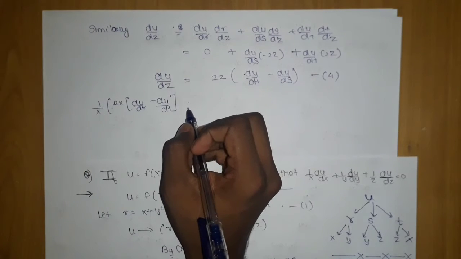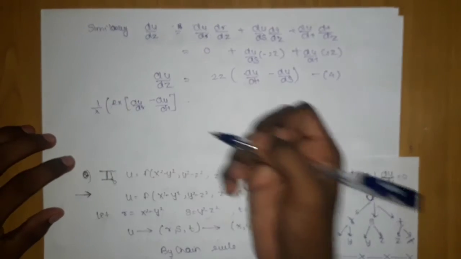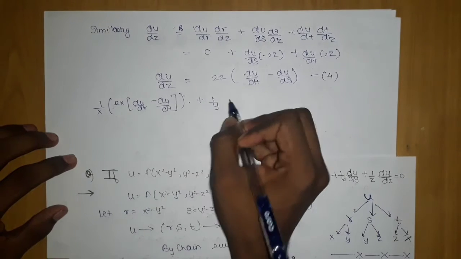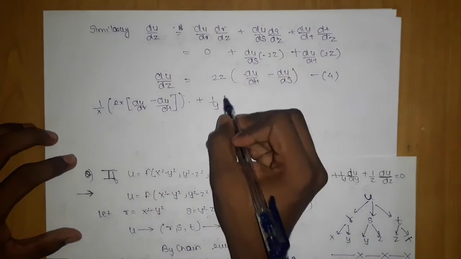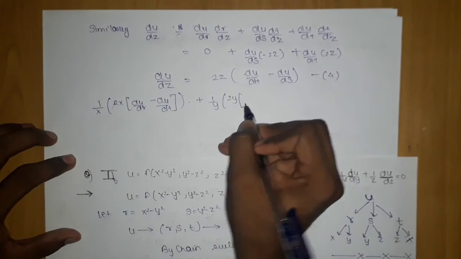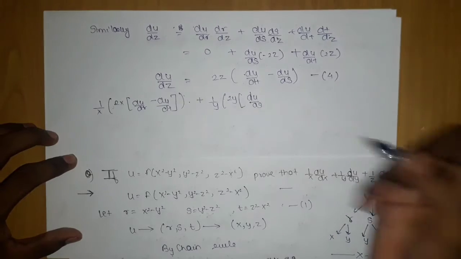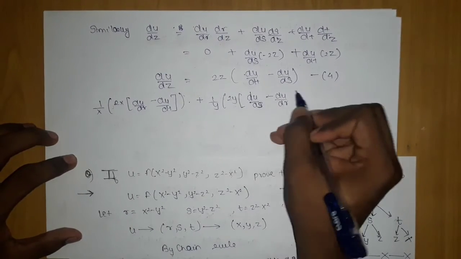Further on, plus 1 by y into ∂u/∂y. The ∂u/∂y value you have is 2y into ∂u/∂s minus ∂u/∂r, right?